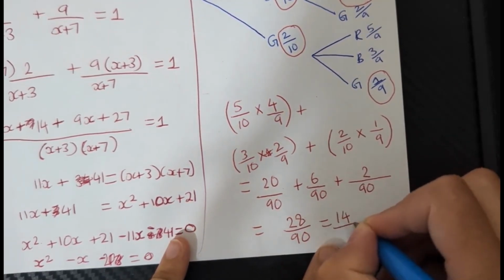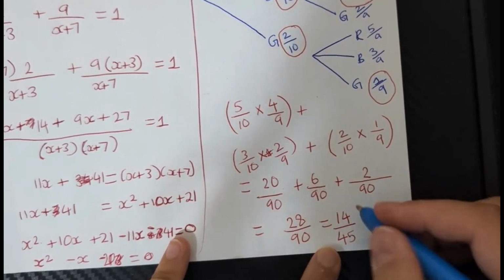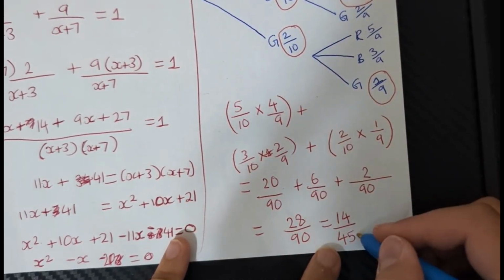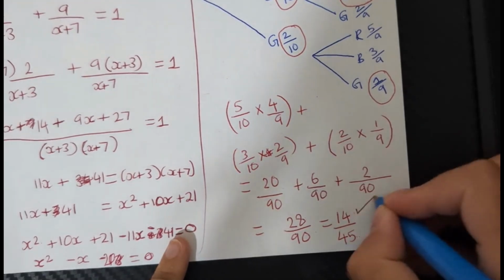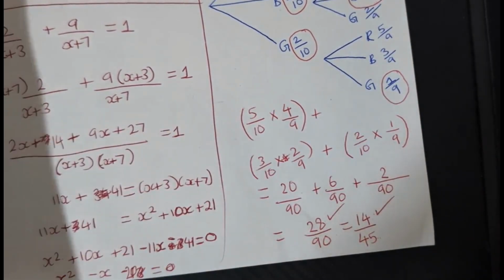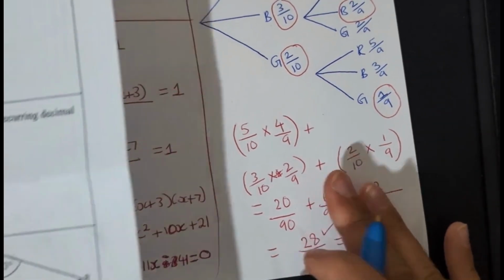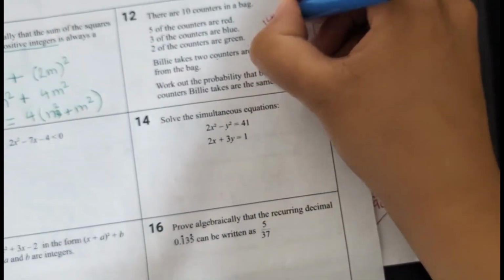So 14 out of 90's half is 45, and now I can't really spot any common factors, so I'm going to leave it as that. Either of these will be correct, unless they've specified to give your answer in the simplest form. So that is the answer for that big long question: 14 out of 45.